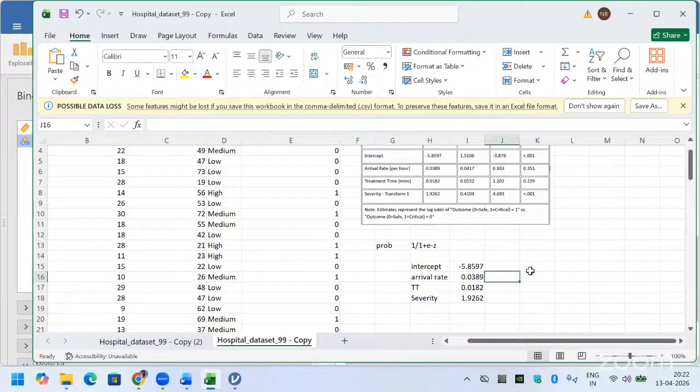I'll make it a 24 arrival rate, and the treatment time maybe 54 hours.